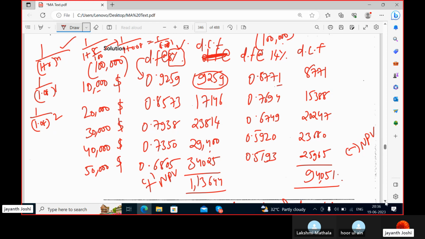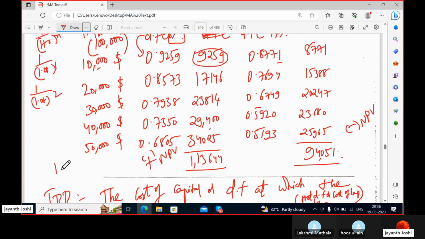How can I say that? Here the positive NPV is 13,644. How did I get it? 1,13,644 minus 100,000. And here I'll just do the difference, so I will get negative NPV of 5,949. How did I get it?